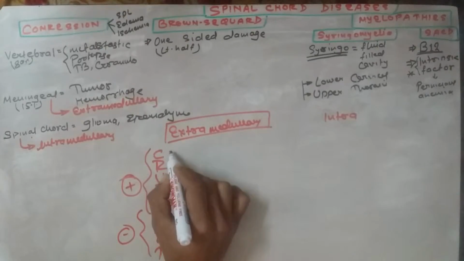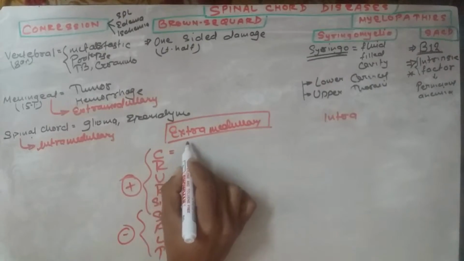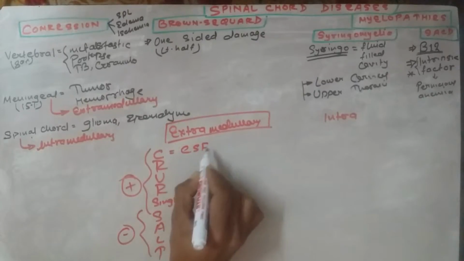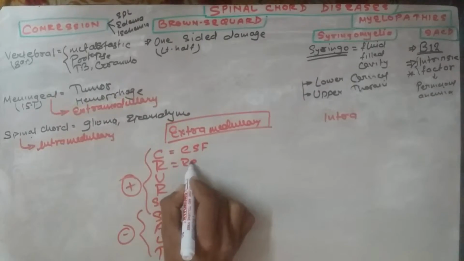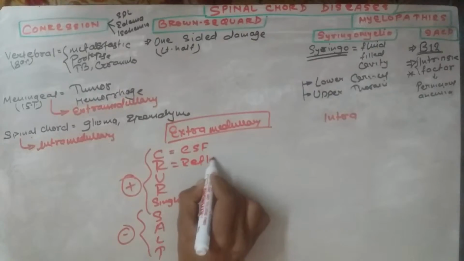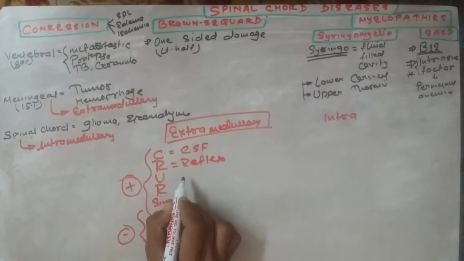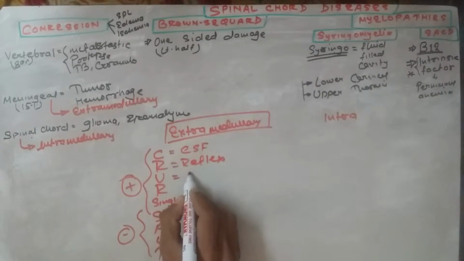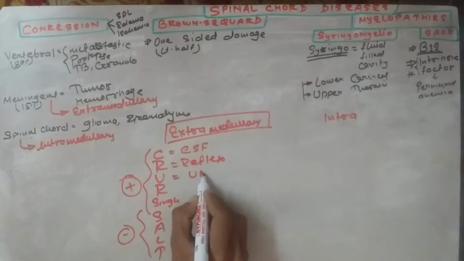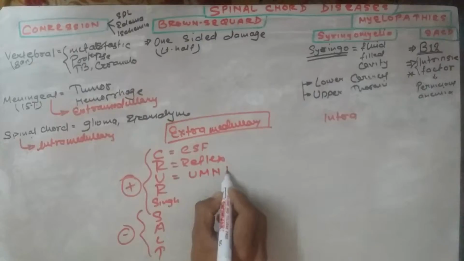So what are these? Usually the CSF finding is abnormal in extramedullary. The reflexes become brisk in extramedullary, and the lesion in extramedullary is usually similar to an upper motor neuron lesion.